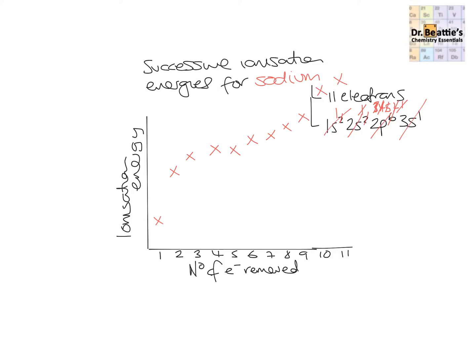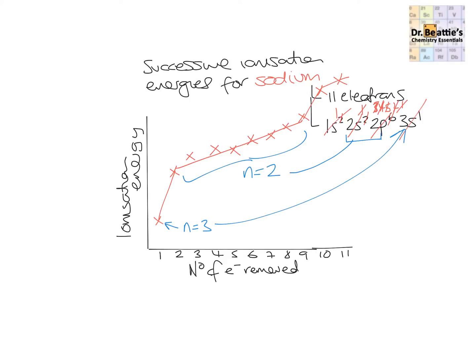And so to bring this sketch all together, you can see that we have a massive increase, and then another sharp increase as we move between the 2 shell and the 1 shell. And then finally, we've got our n equals 1 shell here, which equates to the 1s2.